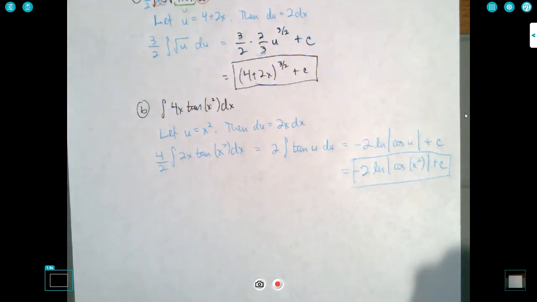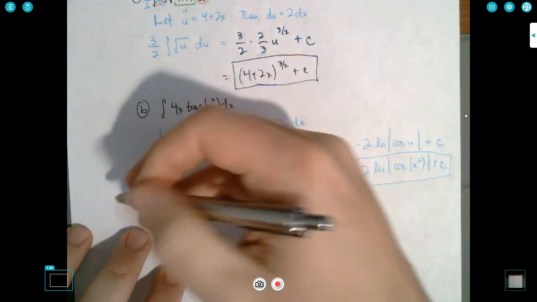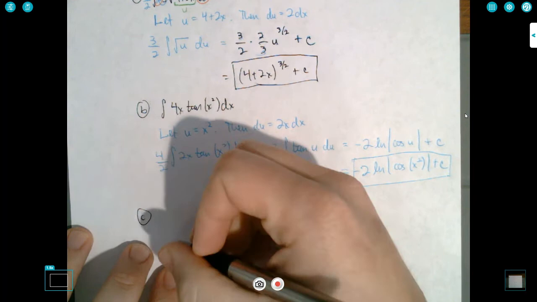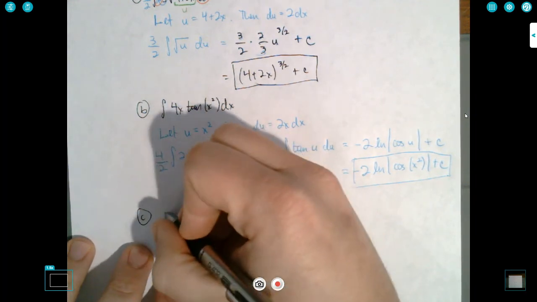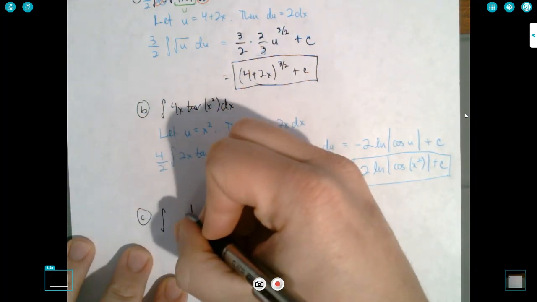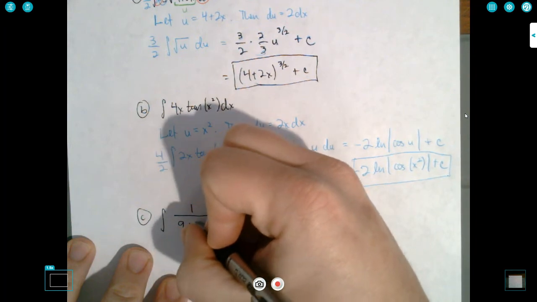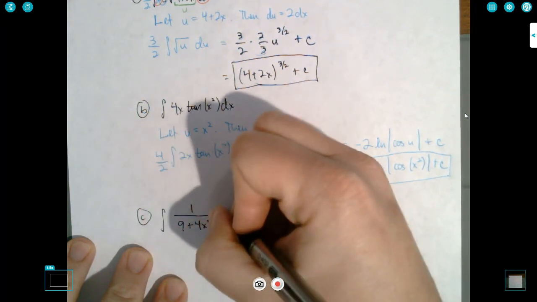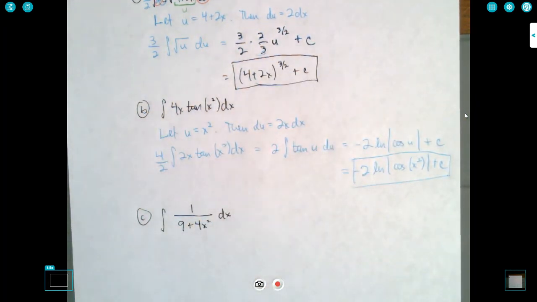Let's do another one. Let's do the integral of 1 over 9 plus 4x squared dx. Okay. So here's the deal with these kinds of things.